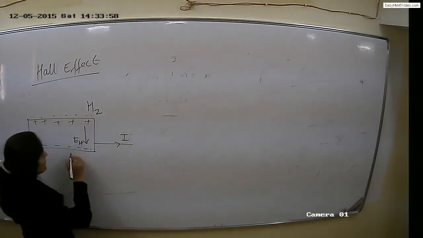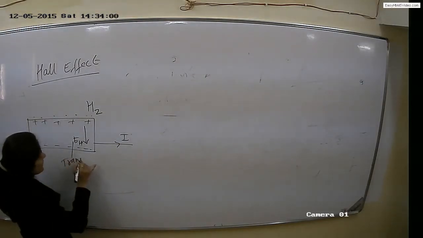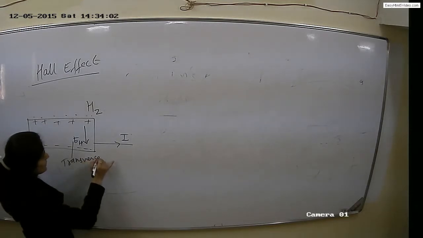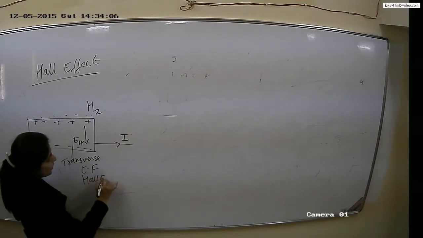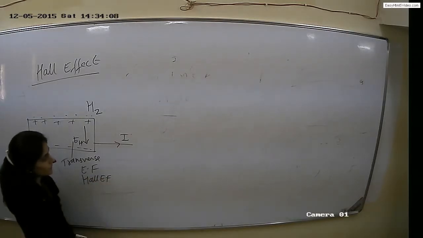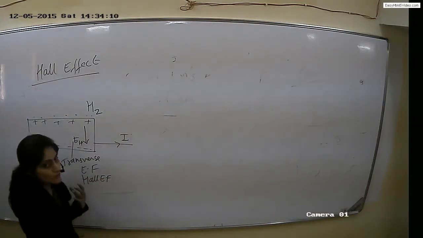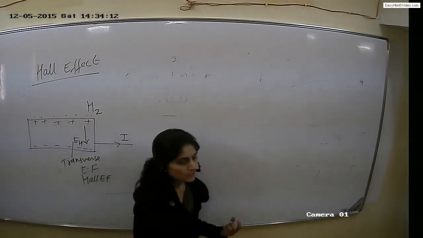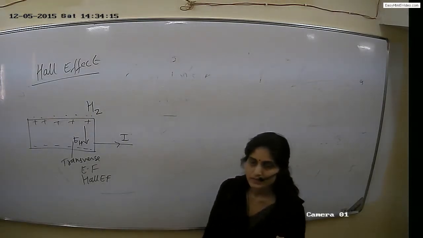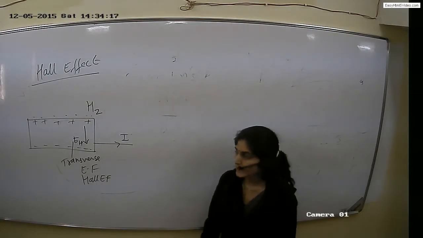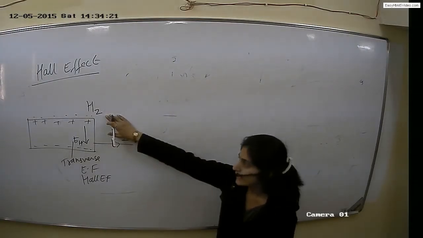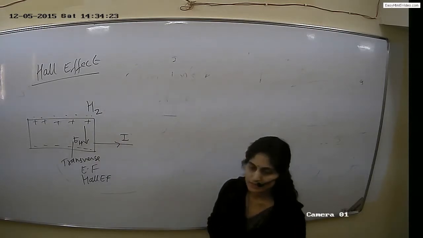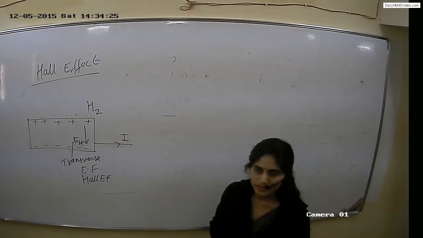This electric field is known as the transverse electric field, and it is also called the Hall electric field. So this is the Hall effect. It means when a current carrying conductor is placed in a magnetic field, applied in the z direction, then we know that in the conductor the majority carriers are electrons.